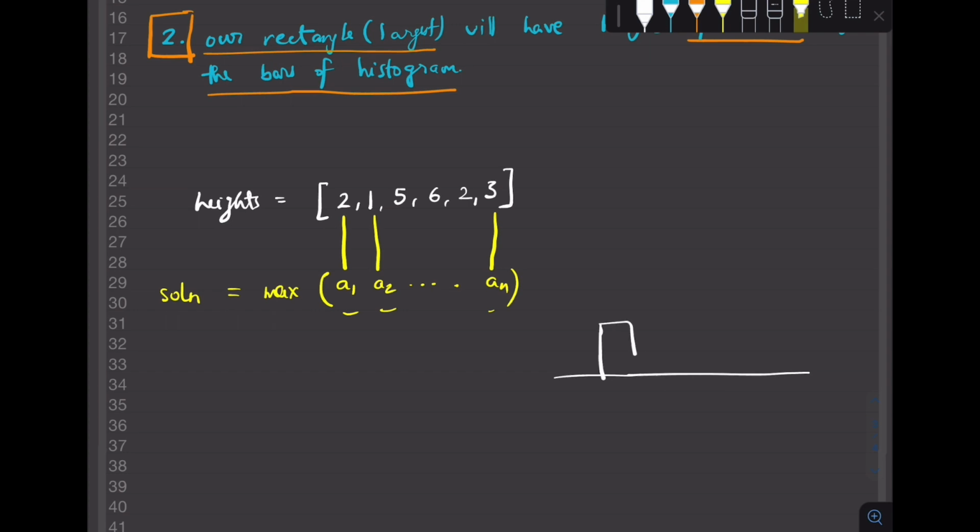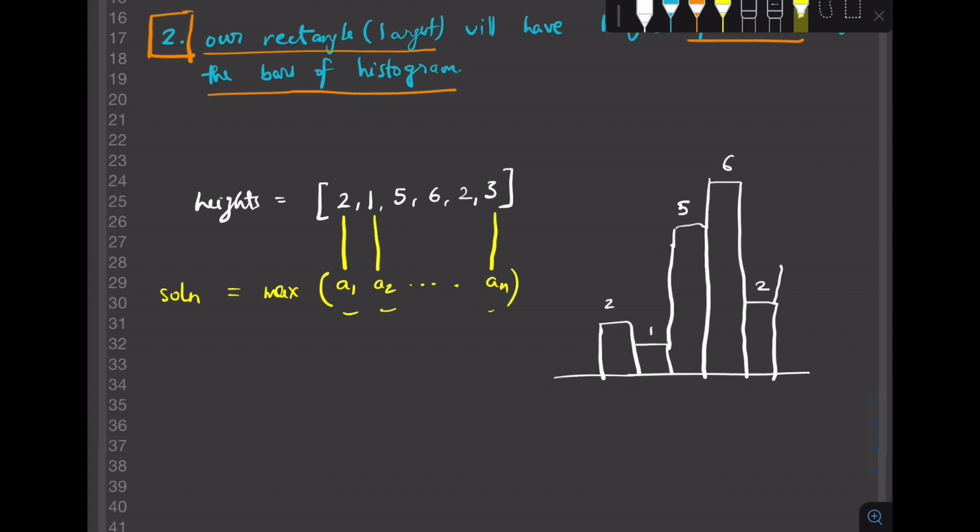Height 2, then height 1, height 5, height 6, under 2, and 3.